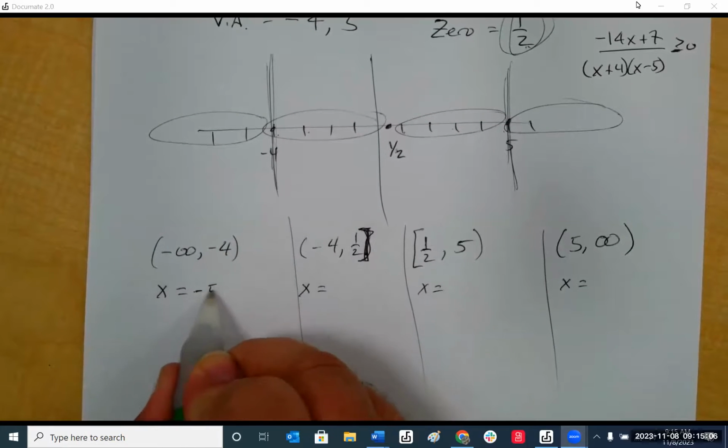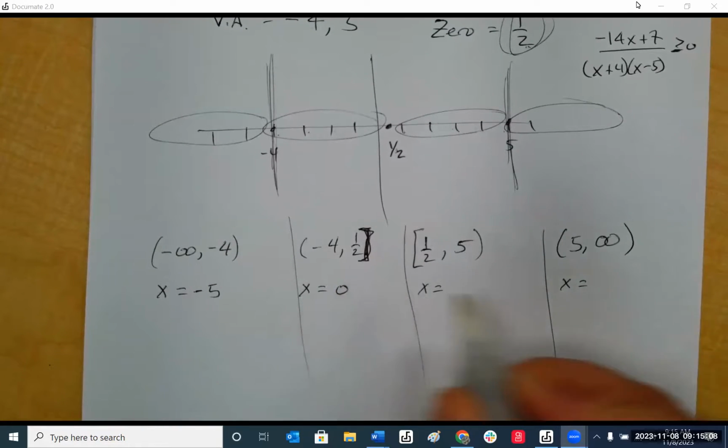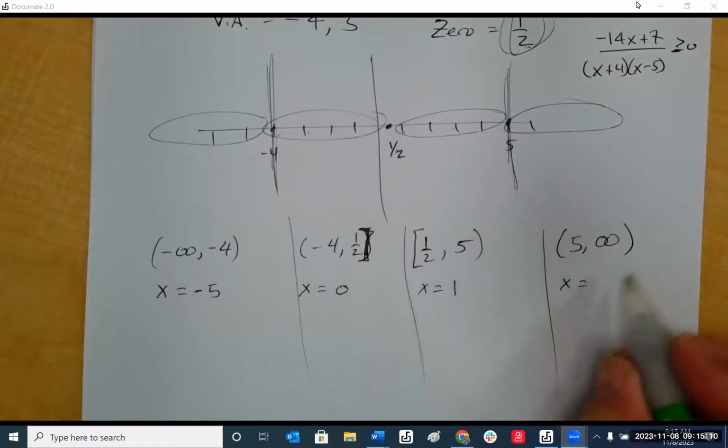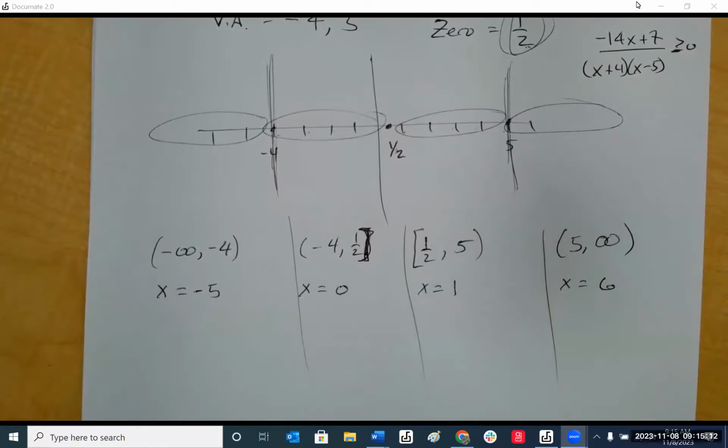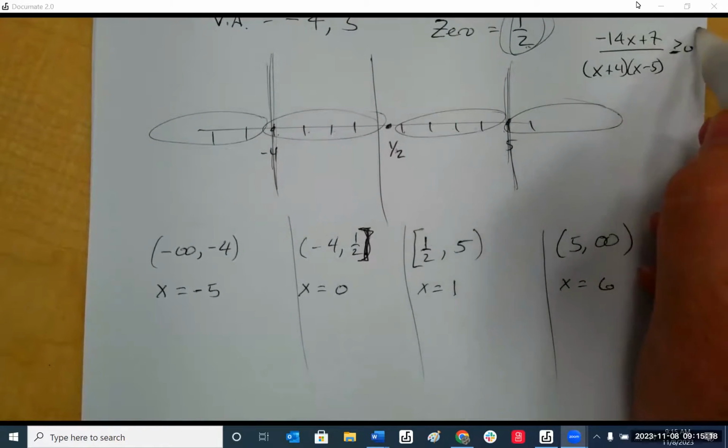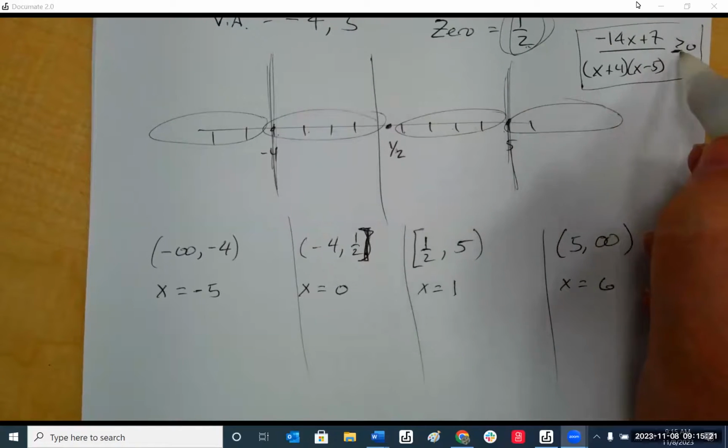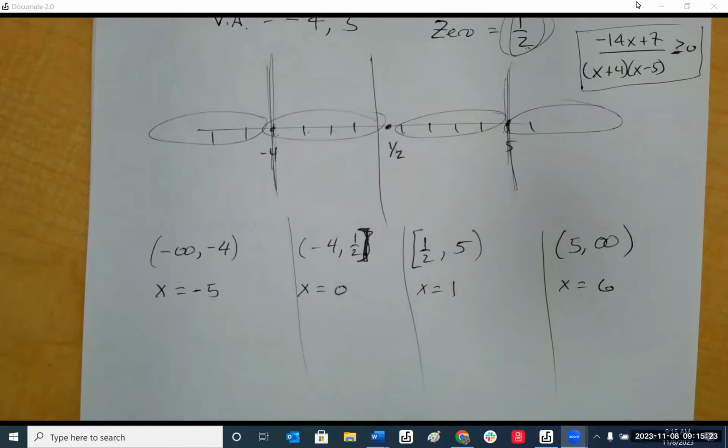So I'll pick negative 5, 0, 1, and 6. Pick the simplest one you can find. Now we plug them back into this equation and see which ones end up to be positive. That's all we want is positive answers.